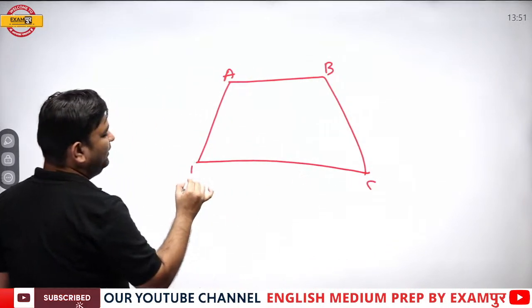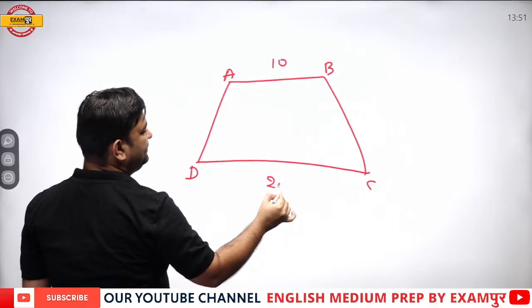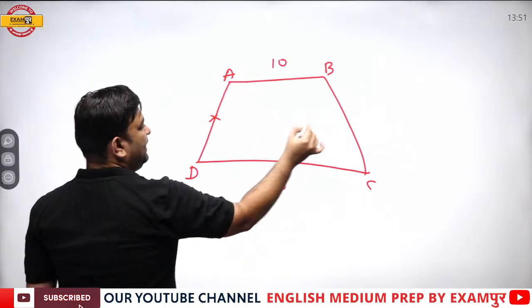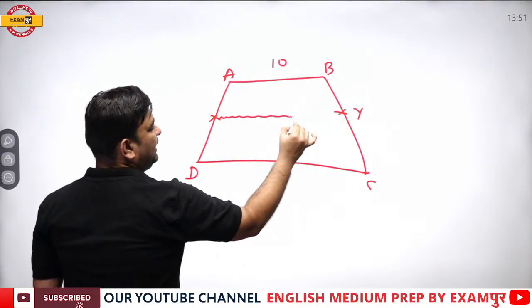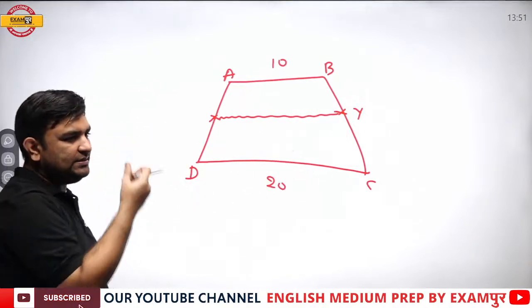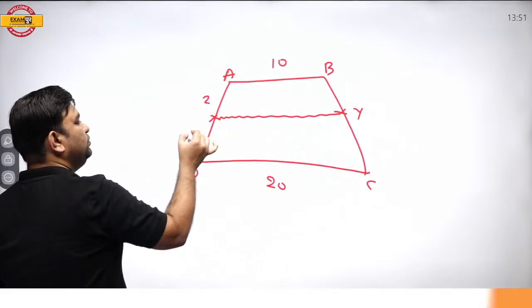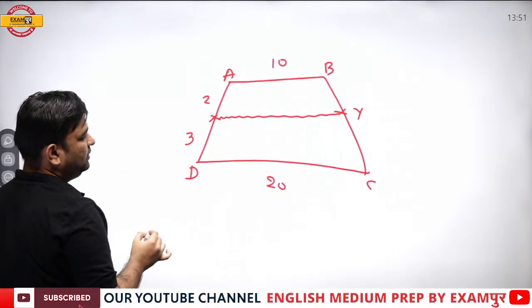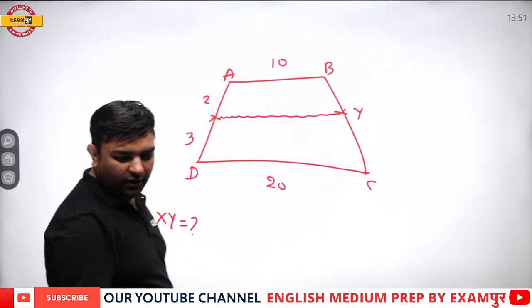AB is 10, DC is 20. XY is a line parallel to DC. It divides AD in the ratio 2:3. Find out the length of XY.